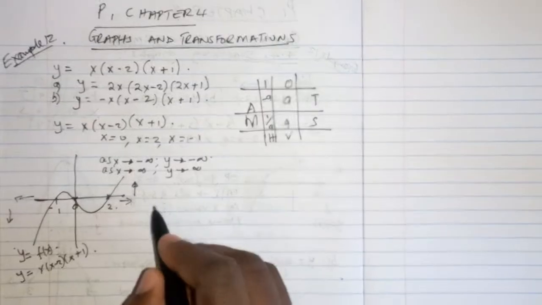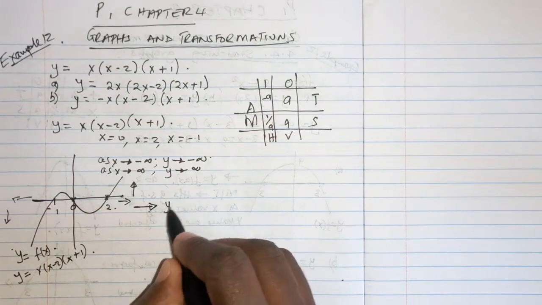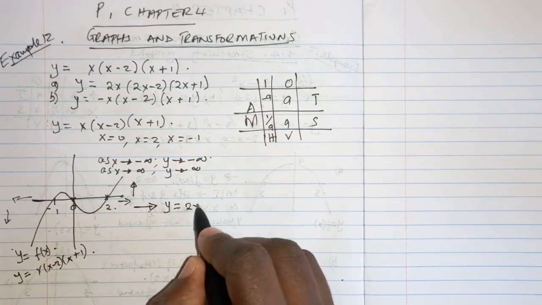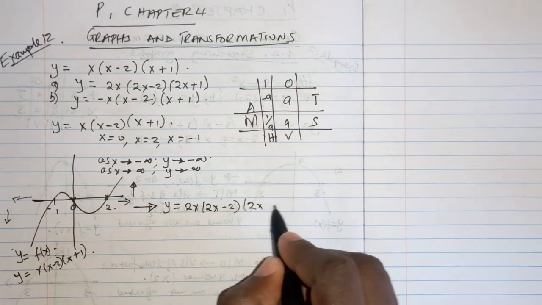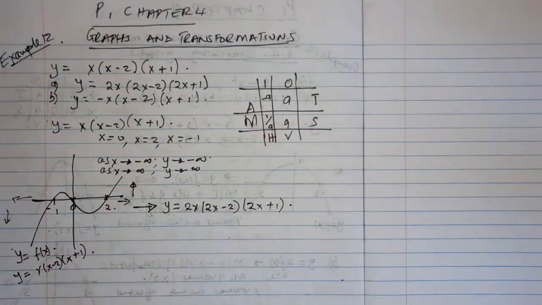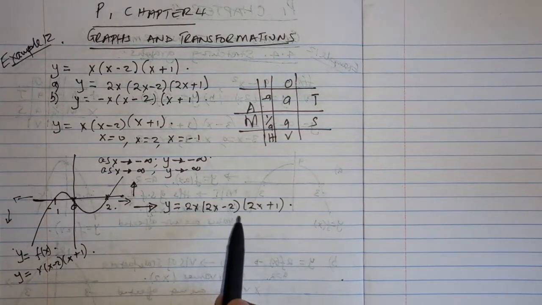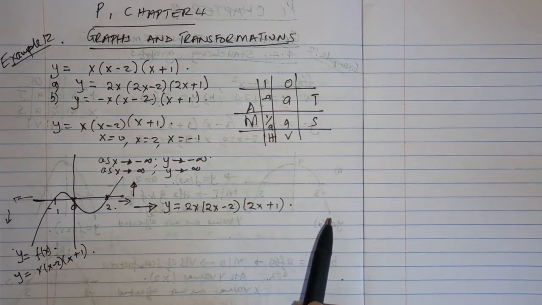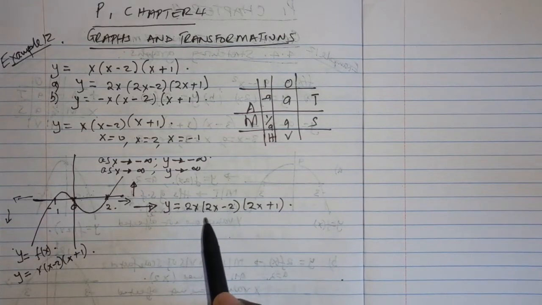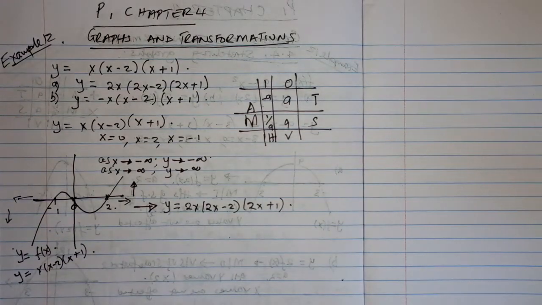this graph is to be transformed to y is equals to 2x(2x minus 2)(2x plus 1). There is no problem as far as this one is concerned, because you can clearly see that this graph has been multiplied by 2 throughout, and inside.